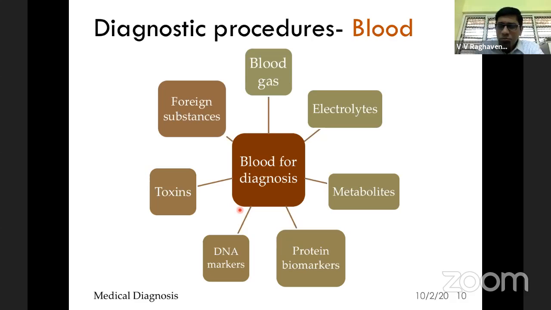Electrolytes: potassium, sodium, chloride, these are some examples of electrolytes. Whereas metabolites, there are about 4,000 metabolites that are of interest to us, mainly because people have realized that it is not just the genome, or just proteins or proteomics.